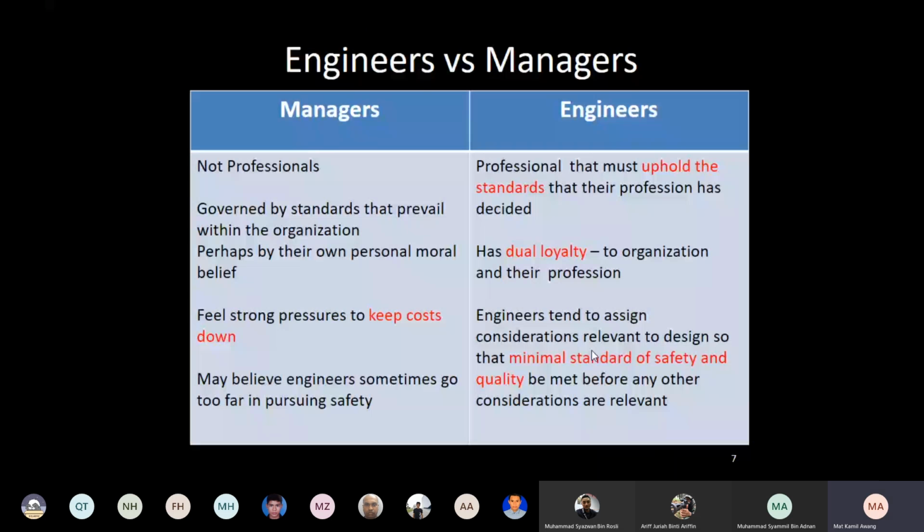From what I have presented, these are the characteristics of engineers and managers, the differences. Managers are considered not professional, basically not trained in technical or scientific skills, whereas engineers are professionals who must uphold the standards their profession has decided.